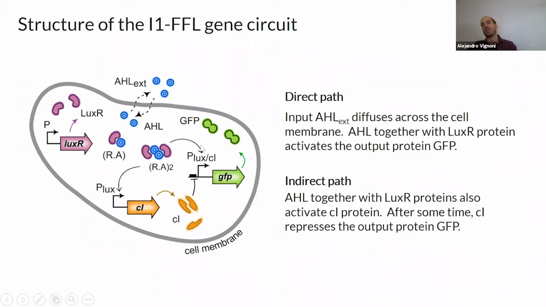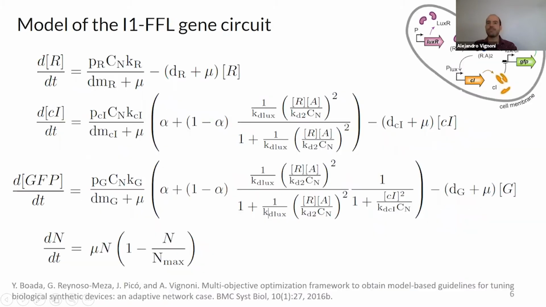So it goes up when you put the stimulus, then this one also goes up, and it represses the promoter of the GFP, making it go down again. So that's one implementation of this circuit. If we make a model of this, don't freak out. Just take a look at this with calm.